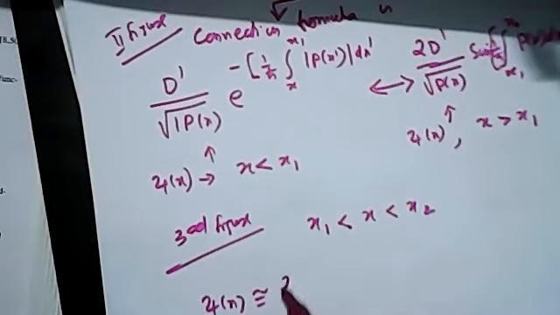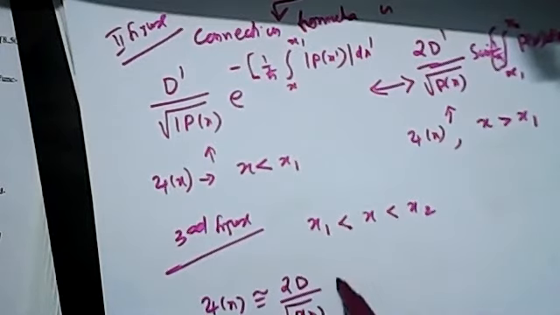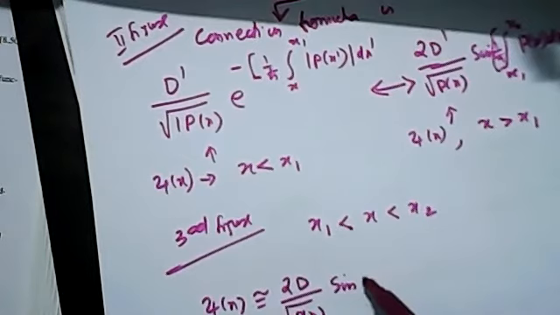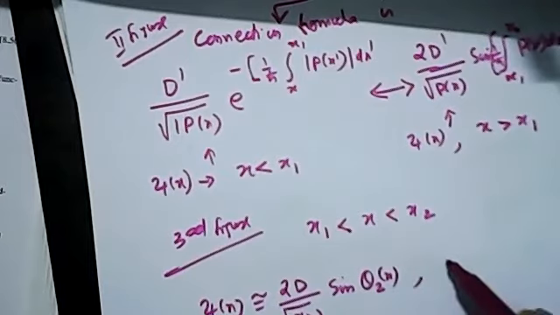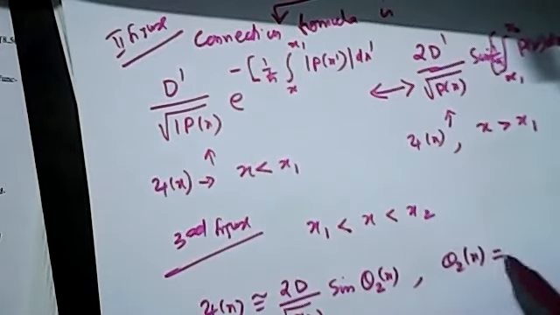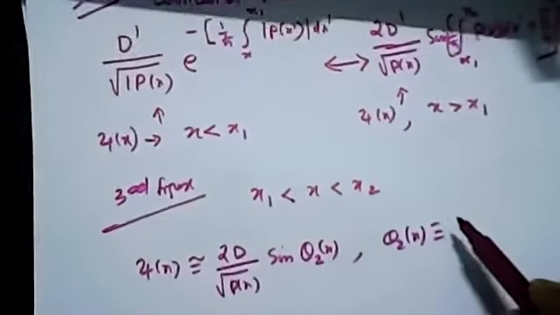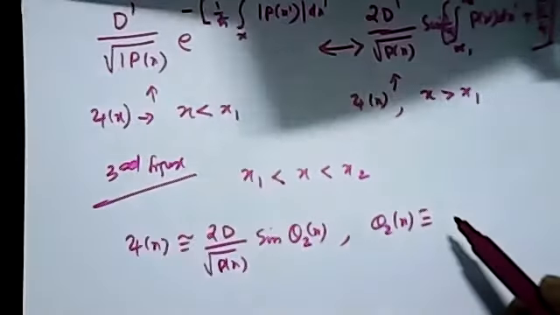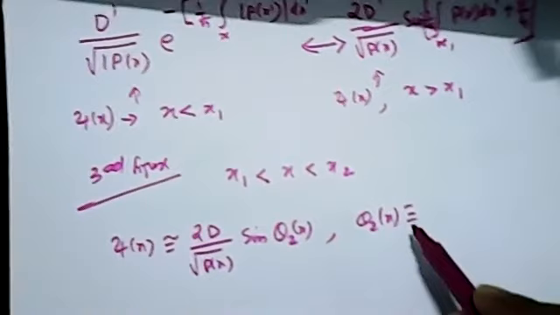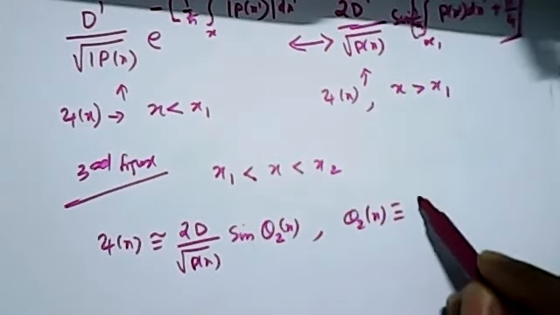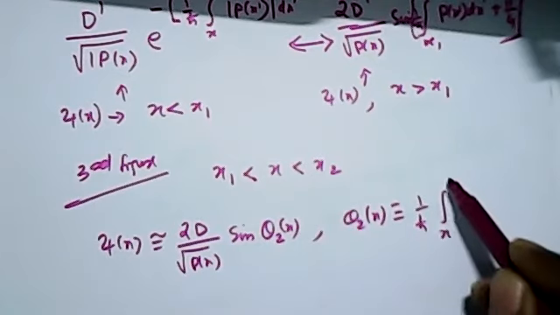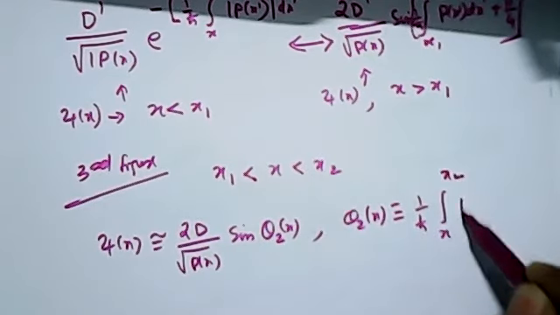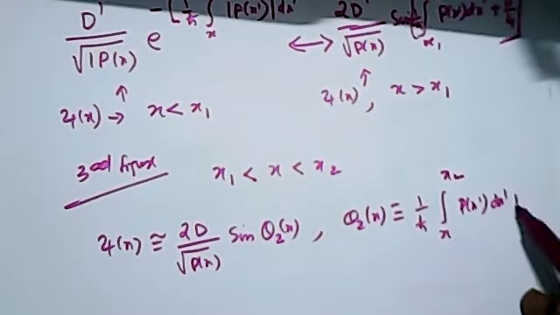We can write psi of x equal to 2D divided by root of p of x, sine, the entire argument we can call theta 2 of x, where theta 2 of x is equal to 1 by h cross integral x to x2 p of x dash dx dash plus pi by 4.